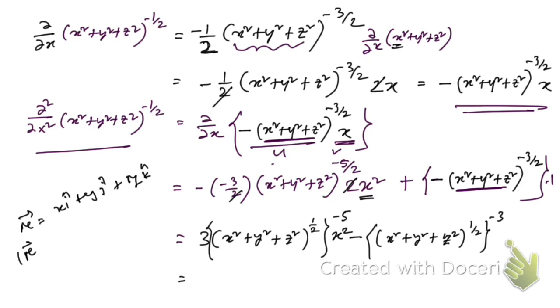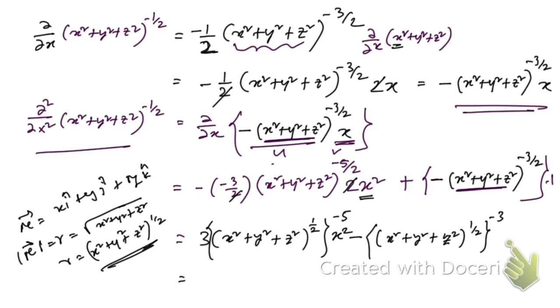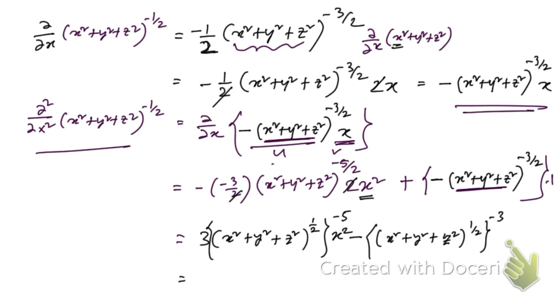So mod of r, or simply r, is equal to root over x square plus y square plus z square, which means (x square plus y square plus z square) to the power half. So we have replaced this by r. Hope you have understood this. So we can write 3r to the power minus 5 into x square minus r to the power minus 3.